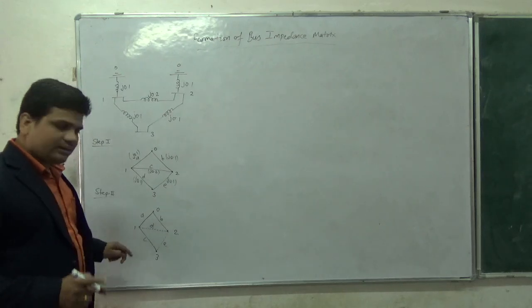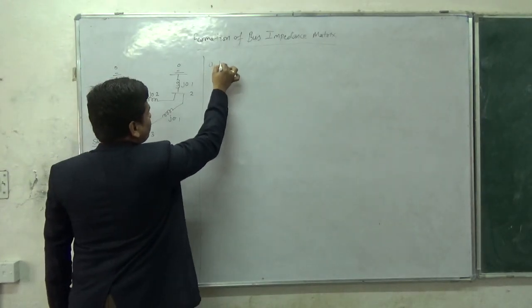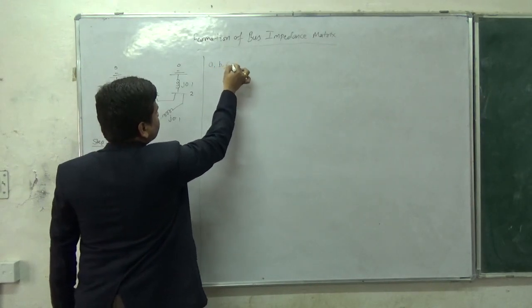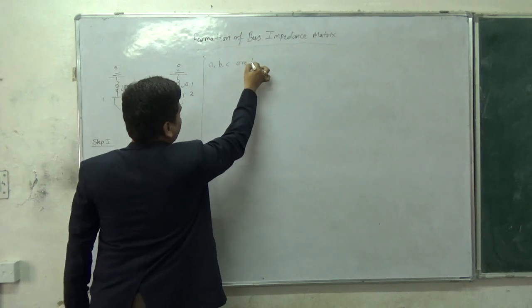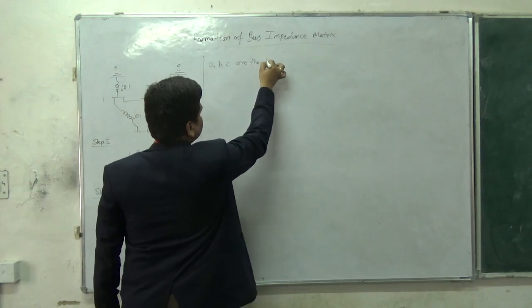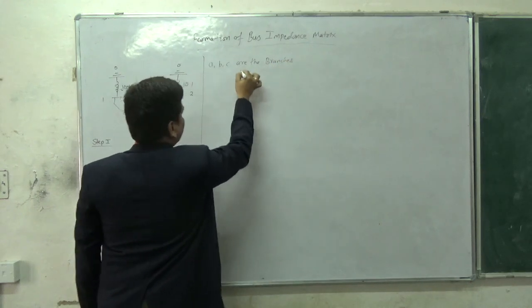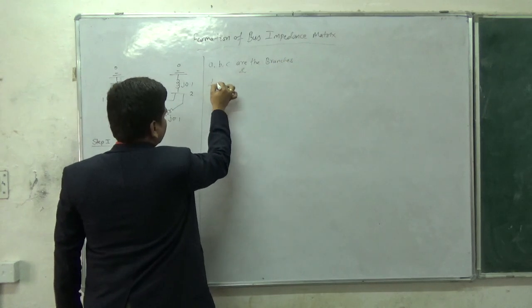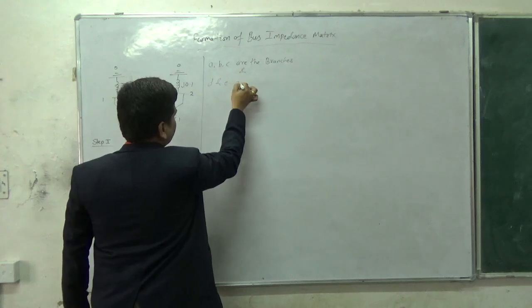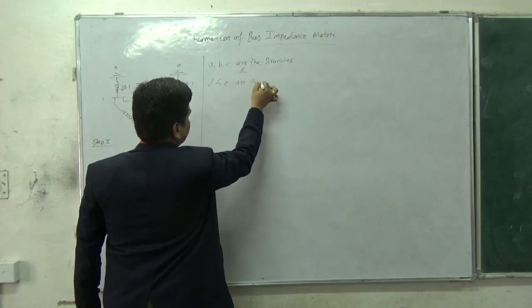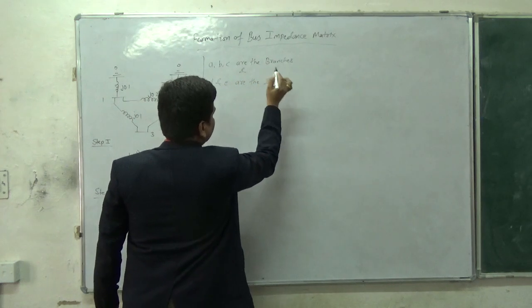So let me write this here: A, B and C are the branches, and D and E are the links.